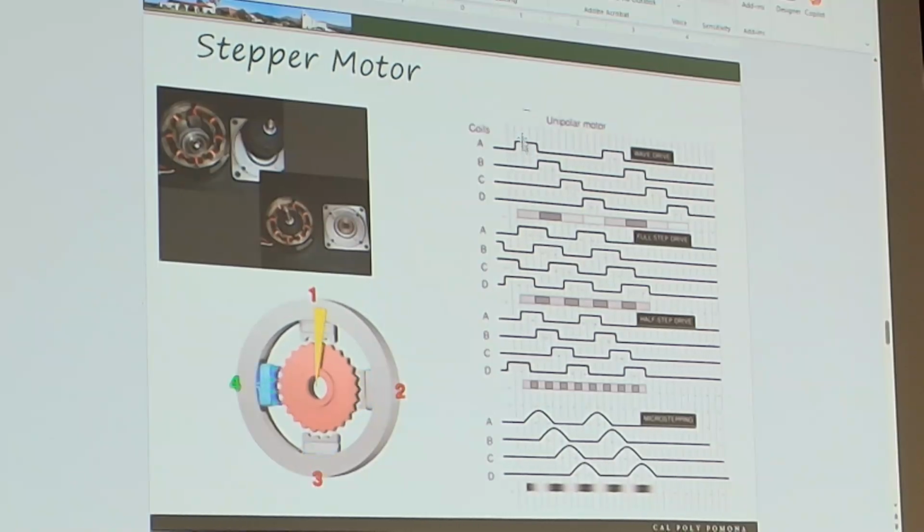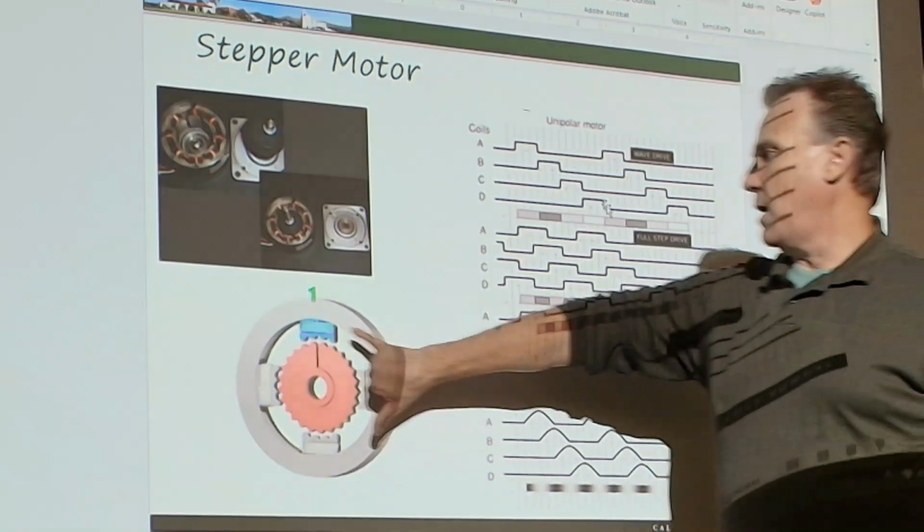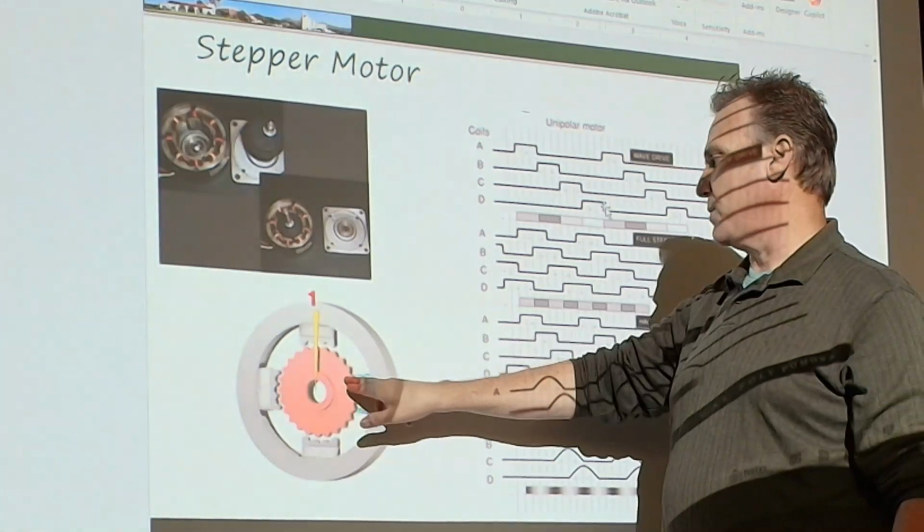So it just re-energizes A, then B, then C, then D. A unipolar only goes A, then B, then C, then D, whereas a bipolar is that plus-minus arrangement that I just got done talking about. Both are very popular. Unipolar drivers are cheaper. Bipolar would be turning these guys on and opposite, unipolar just turns one on at a time.